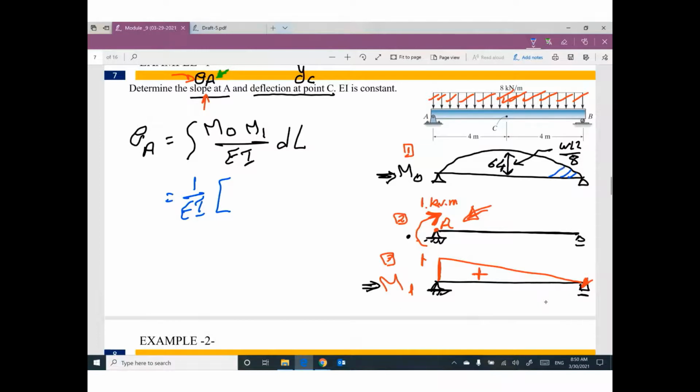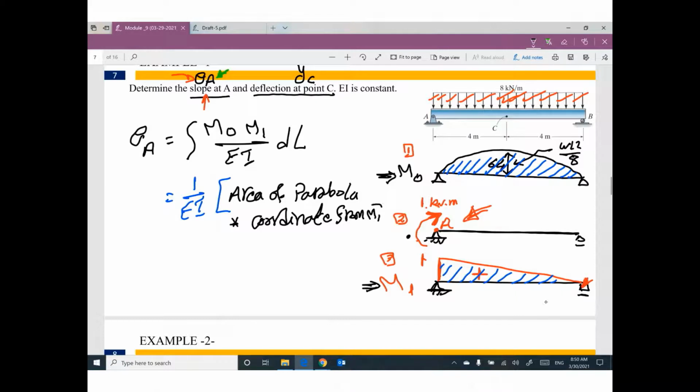Integration of this parabola by this triangle, I can say the area of the parabola times the coordinate from M1. I'm sorry, what do you mean? 1 over EI. What is the area of the parabola? This parabola will be 2/3 times 8 times 64.